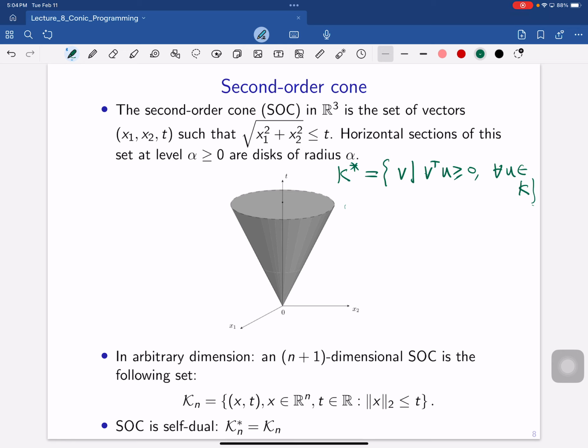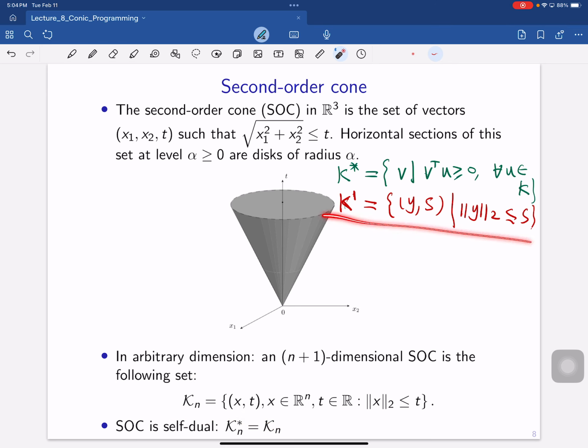For the sake of the argument, to not confuse the notation, let's define this set K1 using y and s, where the two norm of y is less than or equal to s. So we need to show that the dual cone of this set Kn is K1. I just replaced some letters to avoid confusion.